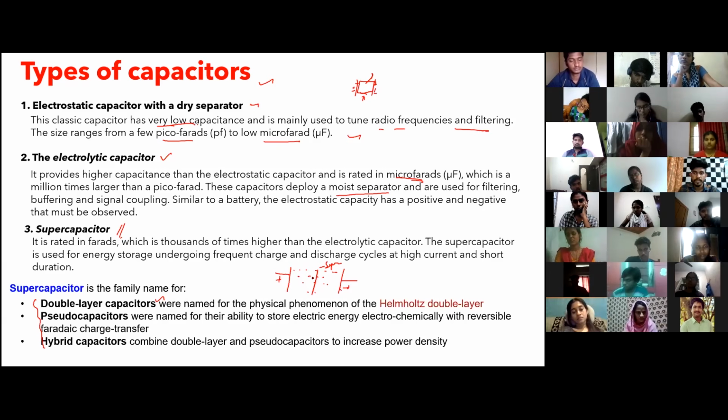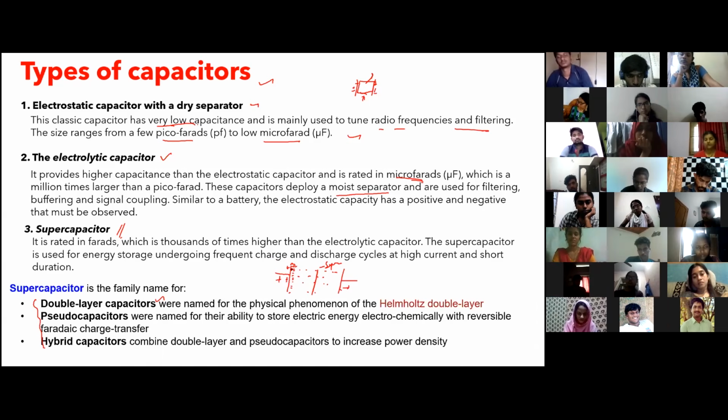Because of this separator, near the surface of the electrode, an atomic-layer-thick charge is formed. If you apply a positive here, negative charges are assembled. So this local area acts like a plus and a minus at a small distance d. And this layer is called a Helmholtz layer.